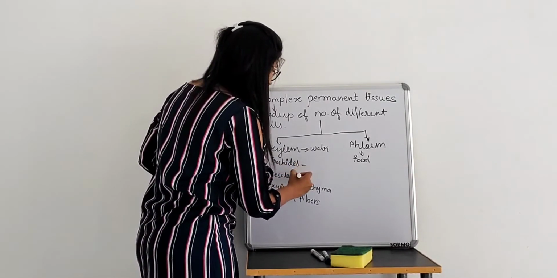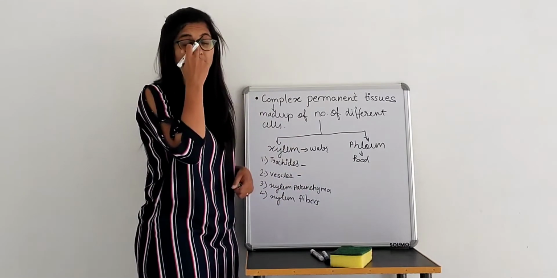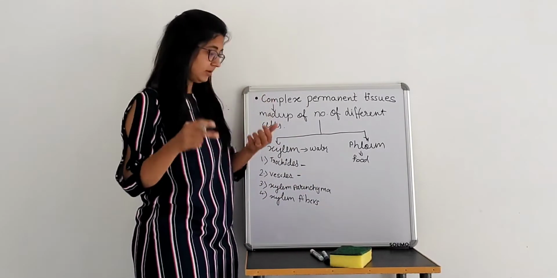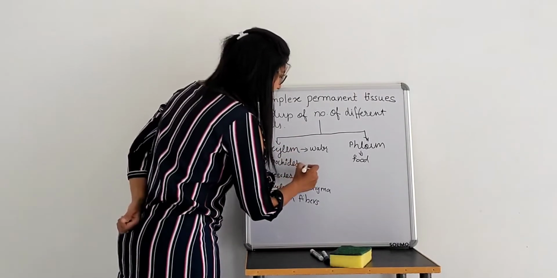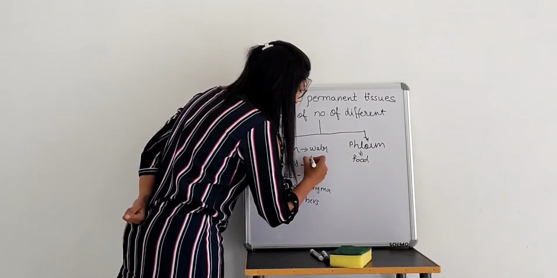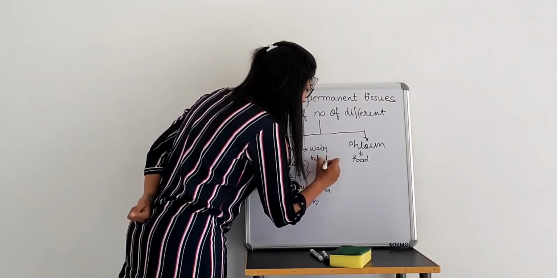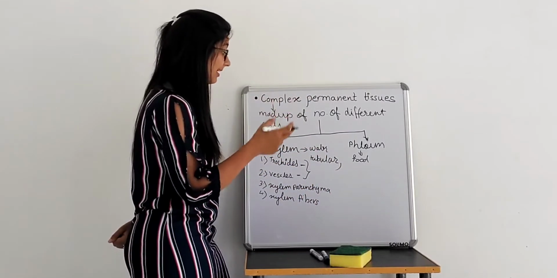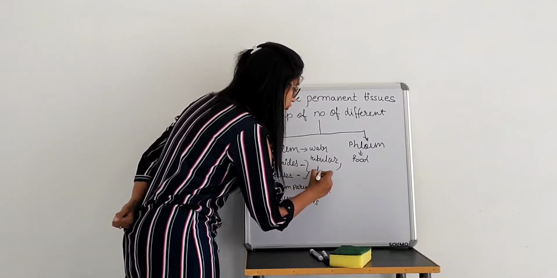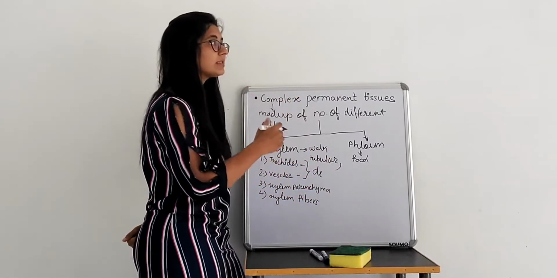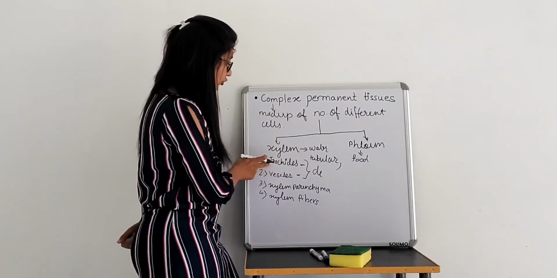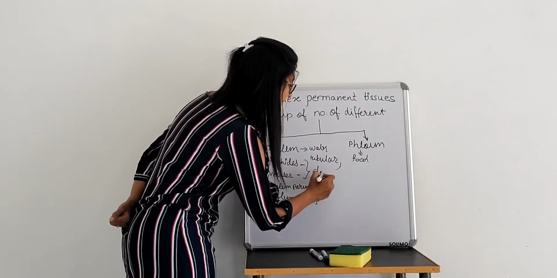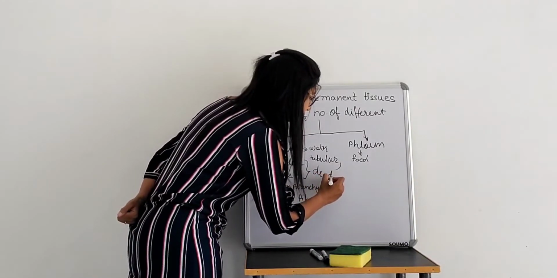The tracheids and vessels are highly tubular structures. They have a thick cell wall as well, and so I'll make a combined note that they are tubular, as well as they help in carrying the water. Whenever the xylem tissue is differentiated, most of the tracheids and vessels comprise dead cells, right?